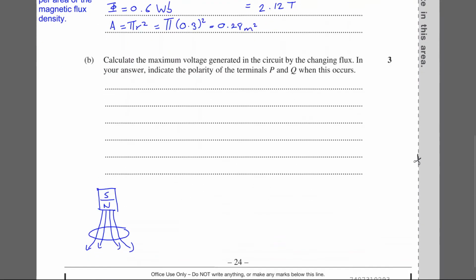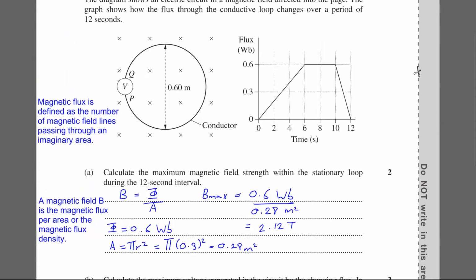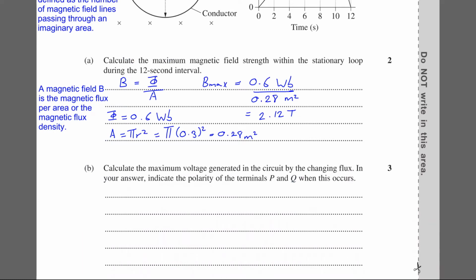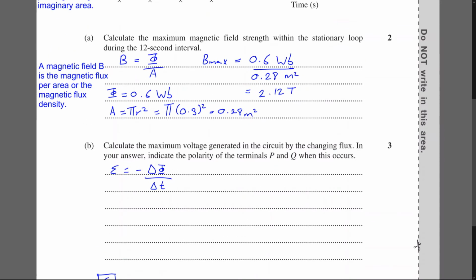Now, before we say what's happening to the magnet, we have to analyze what's happening. To calculate the maximum voltage, or the maximum EMF, we have to remember that the formula for EMF is E equals negative delta phi over delta T. That means the change in flux divided by the change in time.